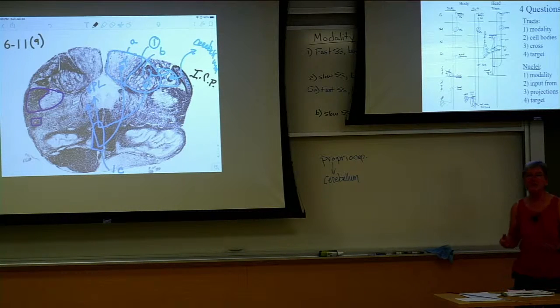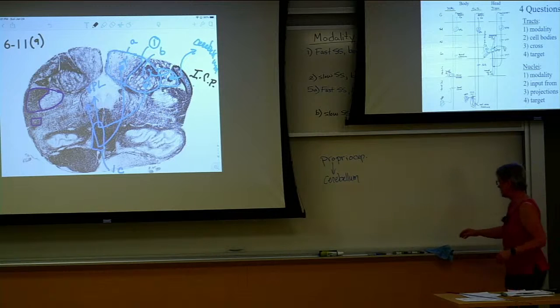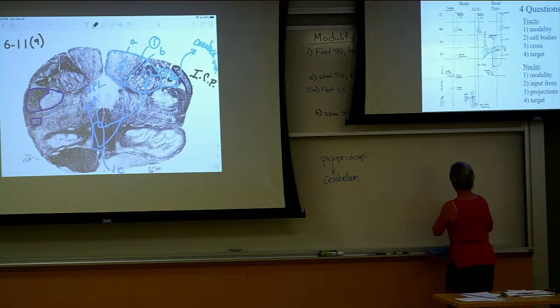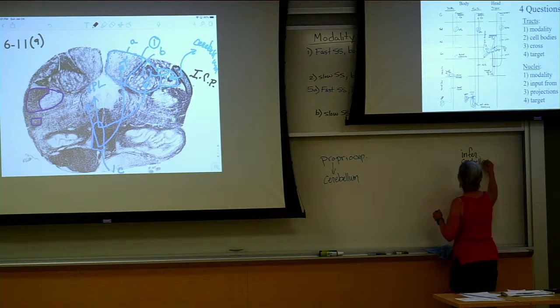Your atlas calls it the restiform body. We're not going to worry about that name. It's the same axons, some of them coming from the posterior spinocerebellar tract, plus these axons now joining from the lateral cuneate nucleus, and they're going to run into the inferior cerebellar peduncle.